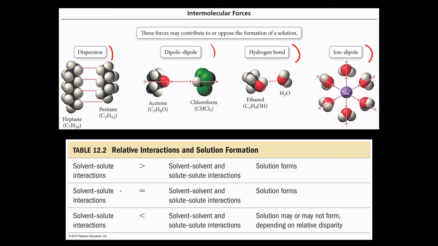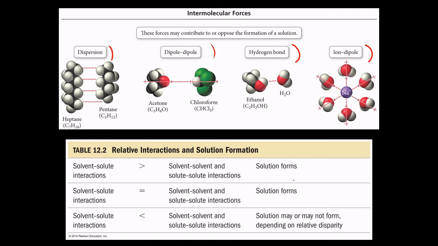If they're about the same, so the new interactions between the solvent and the solute molecules are about the same as the solvent-solvent and solute-solute interactions before, then the solution is still going to form.